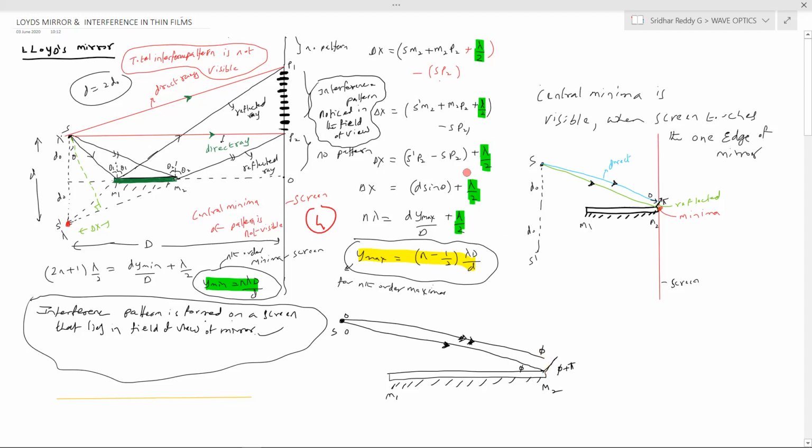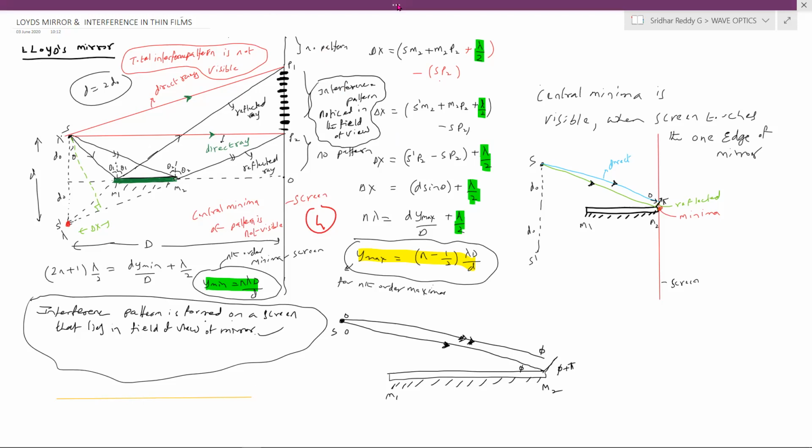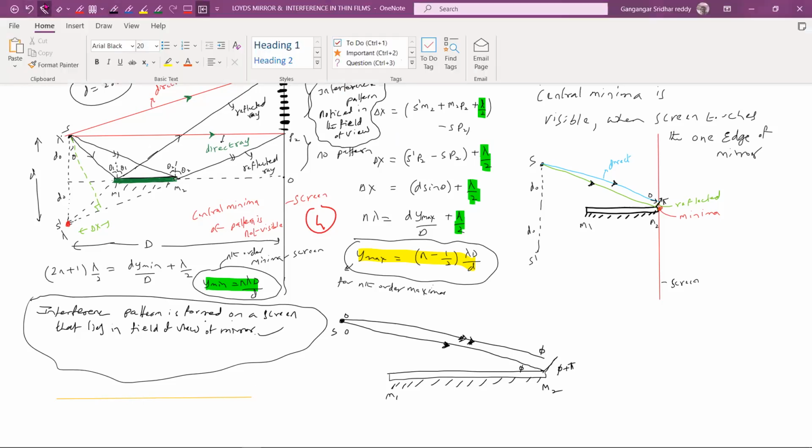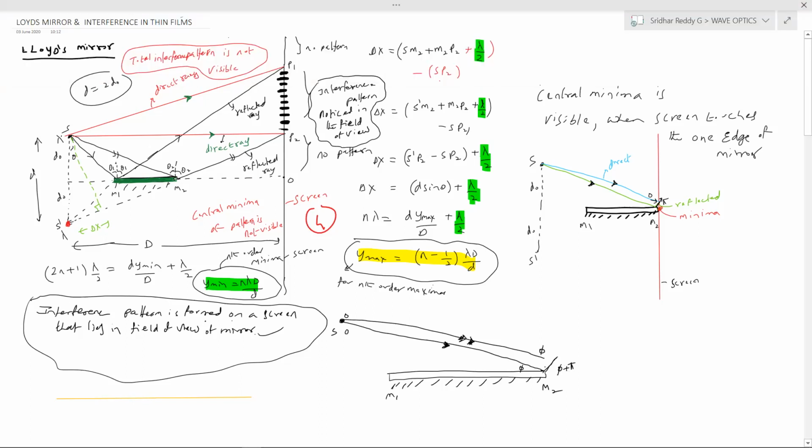A dark spot. Just above M2, a dark spot is noticed.